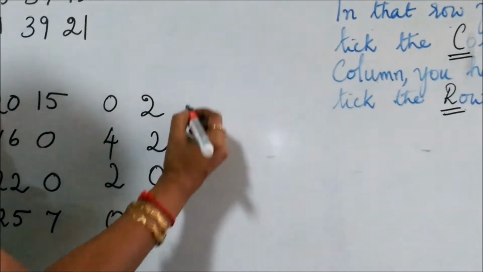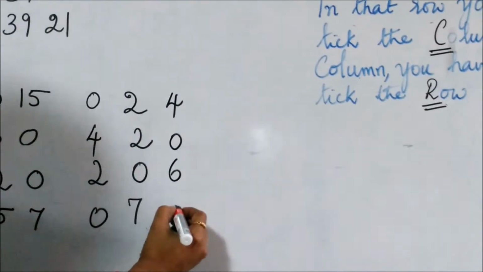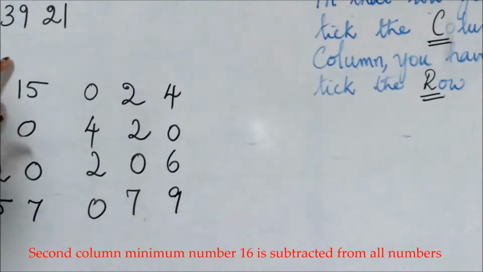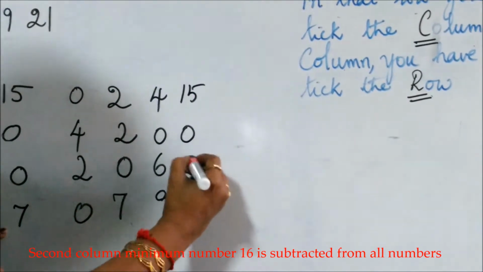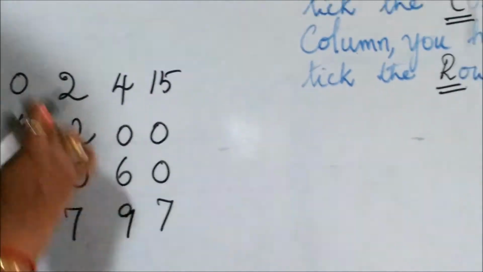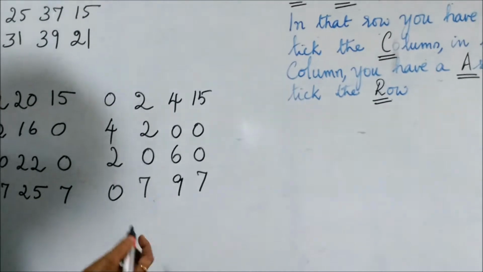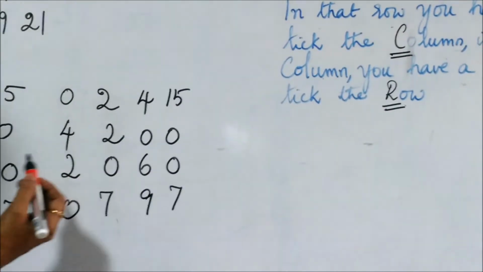Third column, subtracting 16 from all the other numbers. Fourth column remains the same because I am subtracting 0 from all the numbers. Now each row has a 0 and each column has a 0 in it.